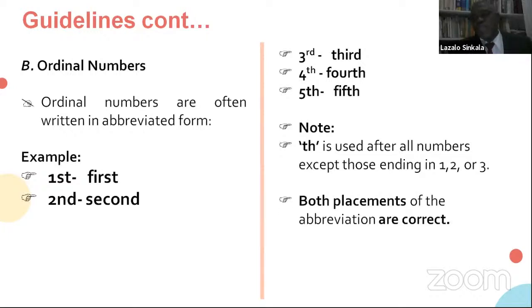Both placements of the abbreviation are correct. So we need to teach our learners that both are correct. It can either go right on the line, the way first and second are written, or it can be raised slightly up there, the way third, fourth, and fifth are written. Both are correct.